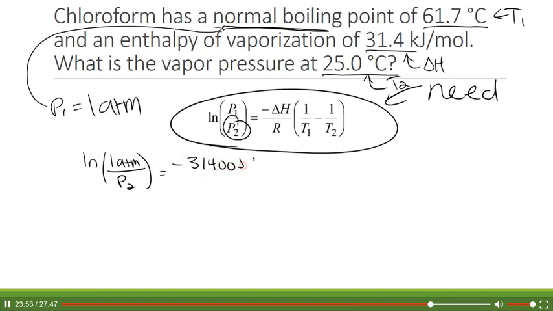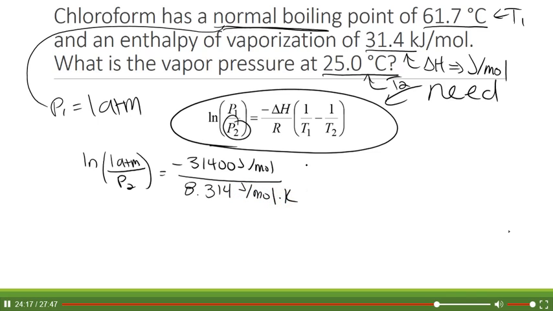31,400 joules per mole. I have converted my enthalpy of vaporization into joules per mole. Make sure you pay attention to that because our R value is in joules per mole Kelvin, and we need our units to cancel out.